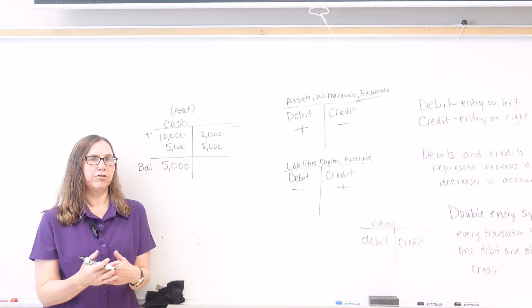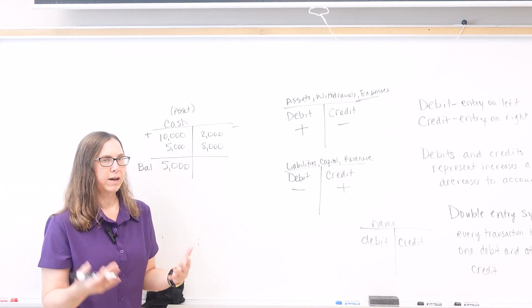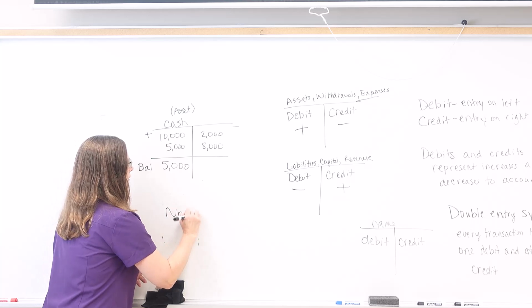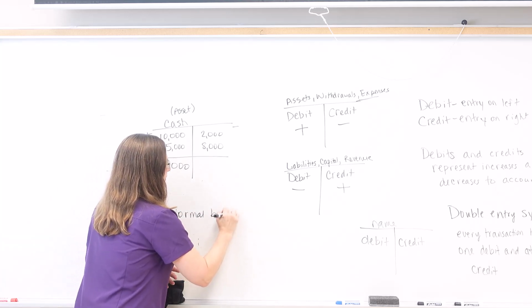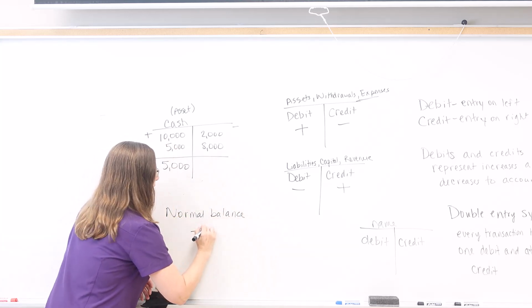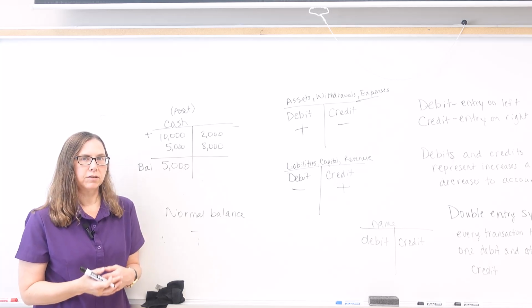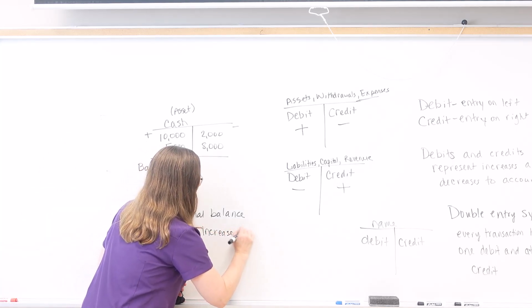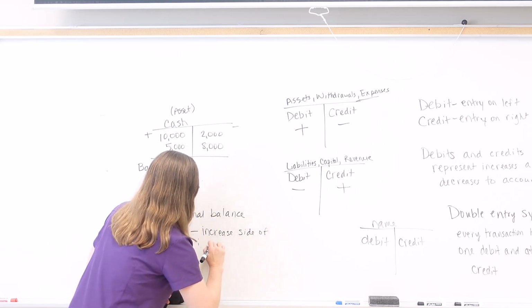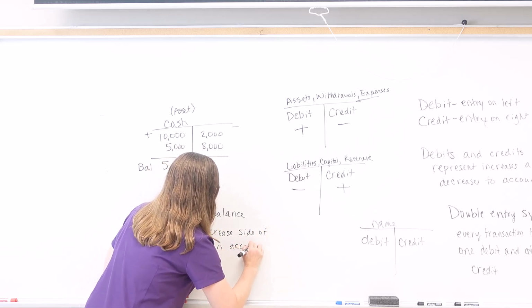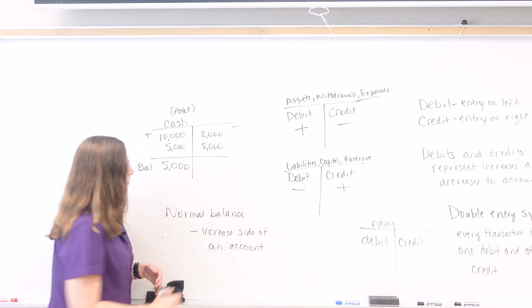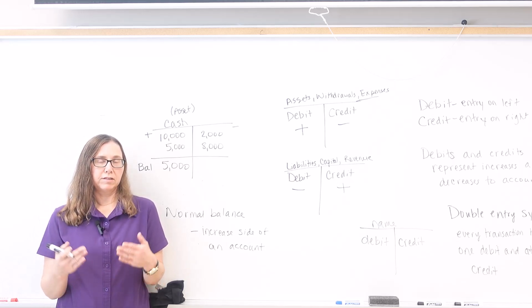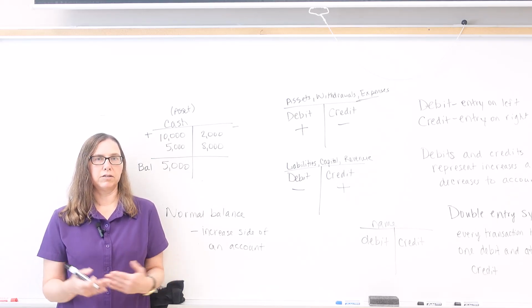And then another thing you should know is what a normal balance is. This is a definition. A normal balance is the increased side of the account. In other words, your balance is naturally going to fall on that increased side.